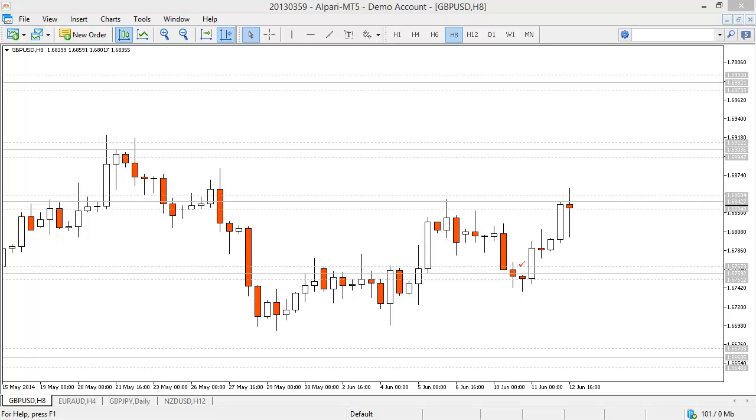Now, I know not everyone has access to 6-hour, 8-hour, and 12-hour charts. These are not really common because most people are still using MT4, which is, I guess, pretty outdated. But that's not a bad thing.